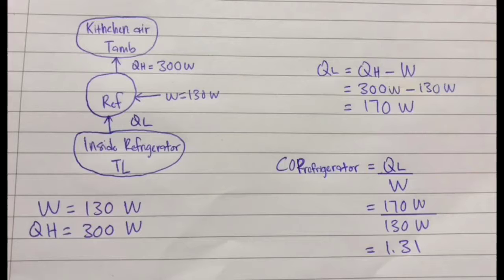From the definition of the coefficient of performance, COP of a refrigerator can be expressed as QL over W. So we put the value in the formula, 170 over 130. So we get the final answer, 1.31.